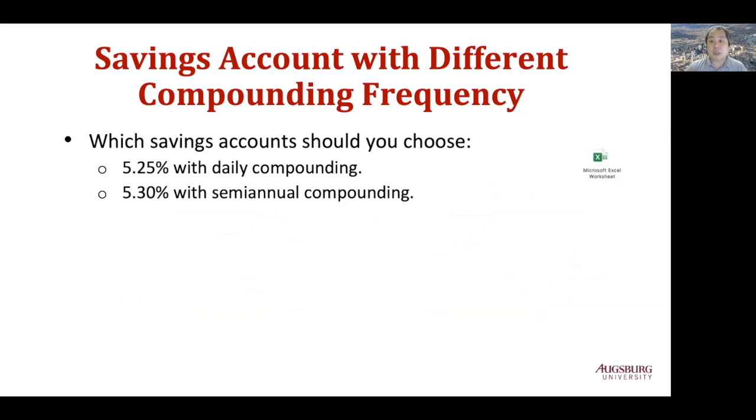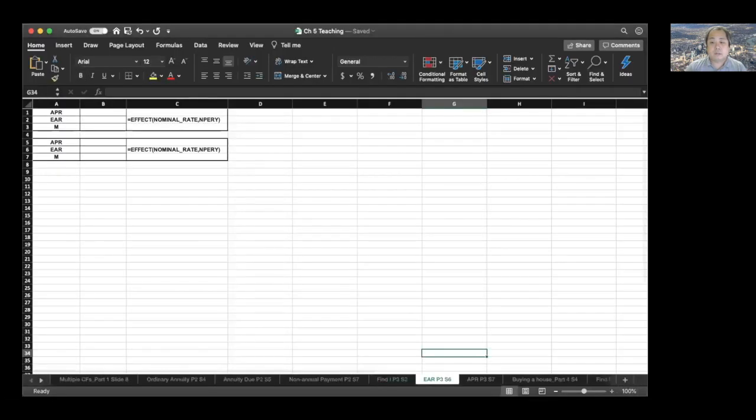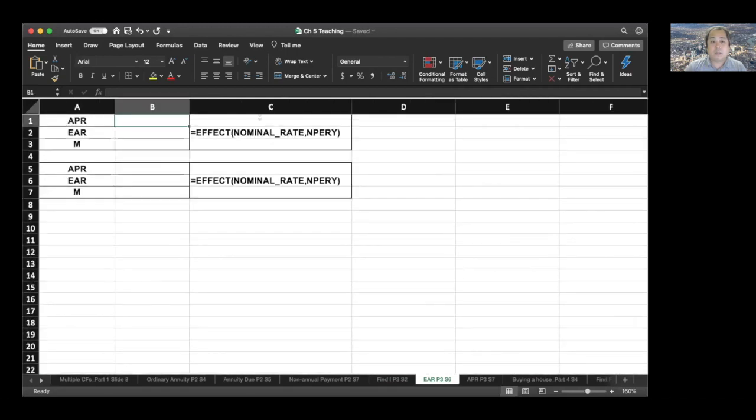There's an Excel function that directly calculates the EAR. So APR is 5.25%, and m is 365 for daily, and it's not dollar format, so let's change it to simple numbers.